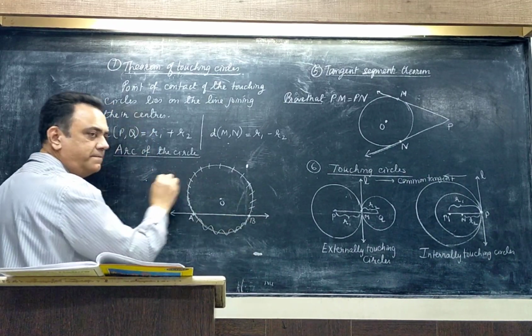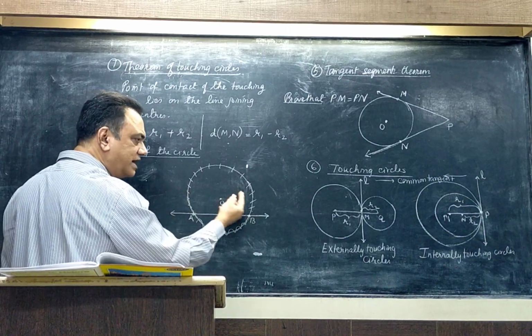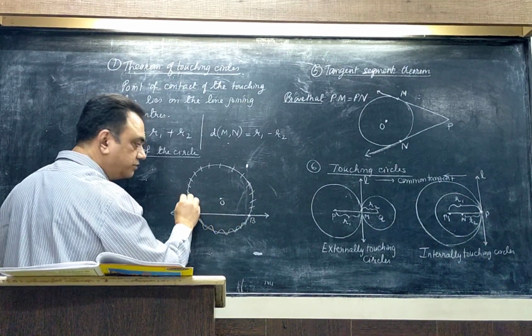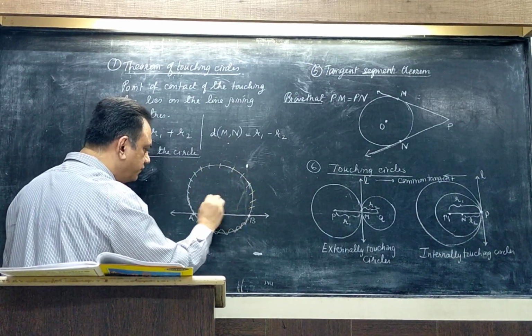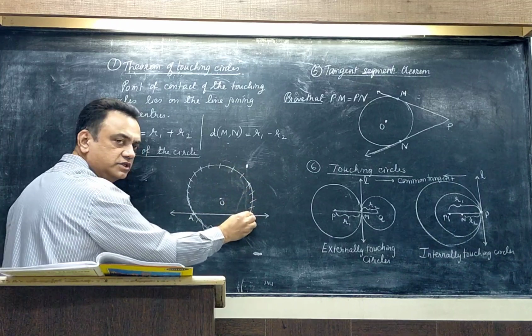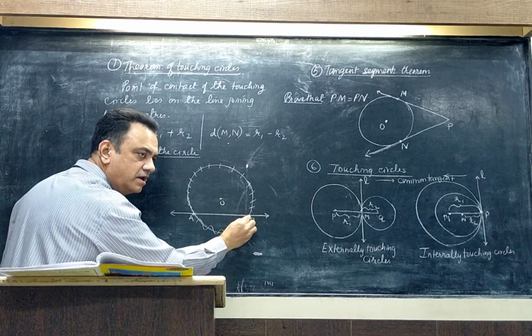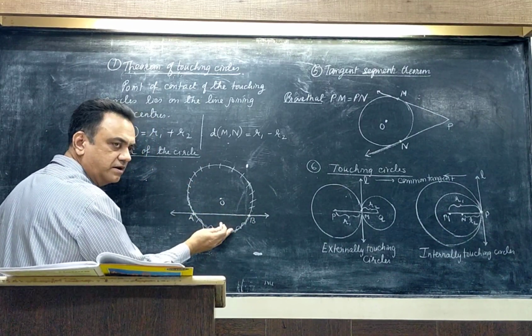Now how to name the arc? To name the arc, we can write just two letters, or we can write 3 also, but 2 here will not be enough, because if you have to name this arc, this will be arc AB, this also will be arc AB. So which arc we are talking about will not be understood.